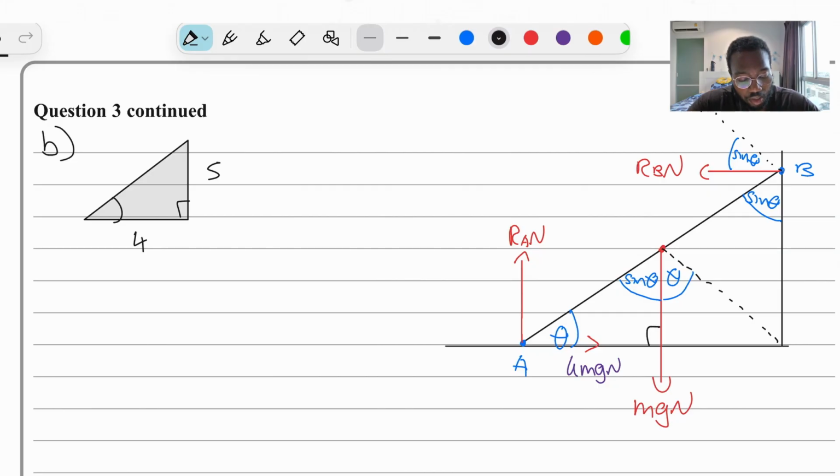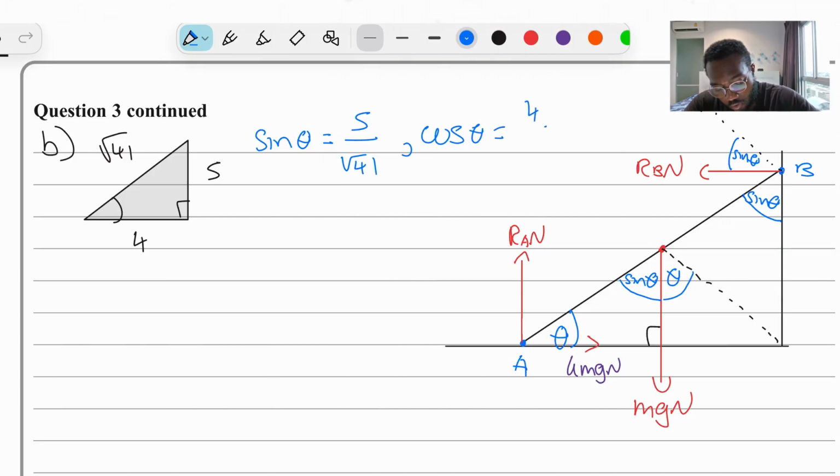We get 5 squared plus 4 squared, all square rooted, so that will be the square root of 41. So sine theta is equal to 5 over root 41, and cos theta is equal to 4 over root 41.